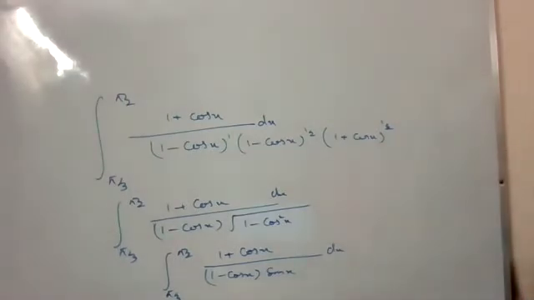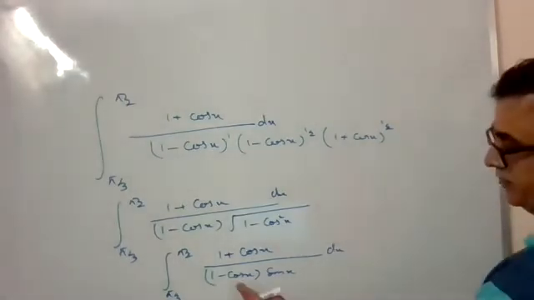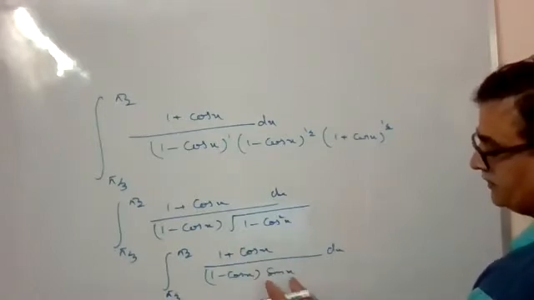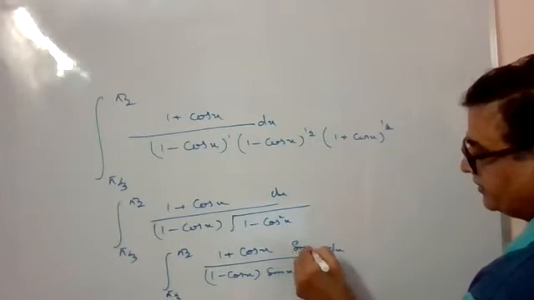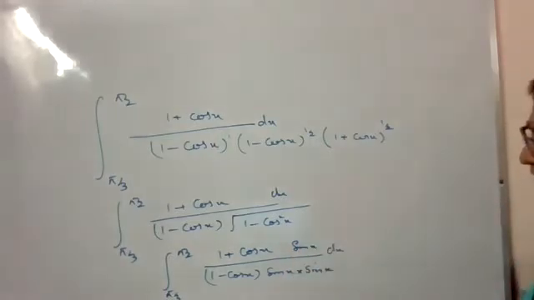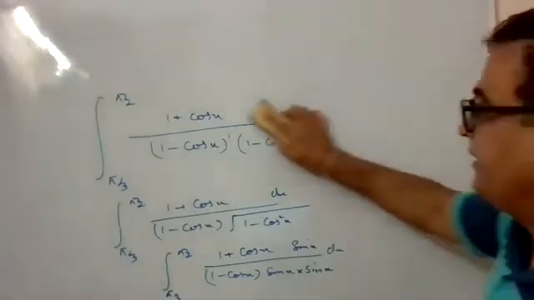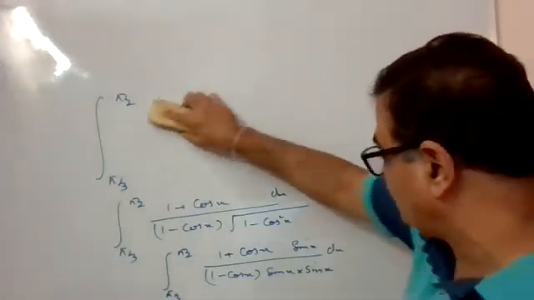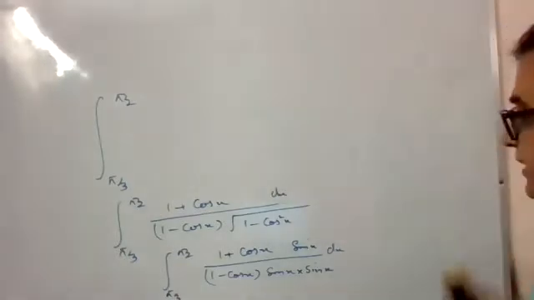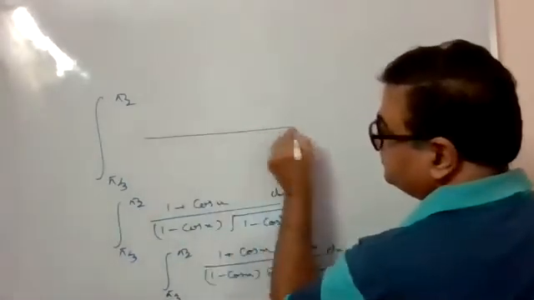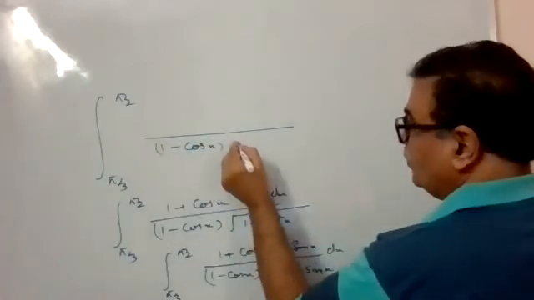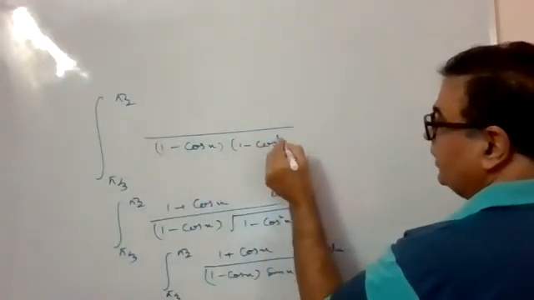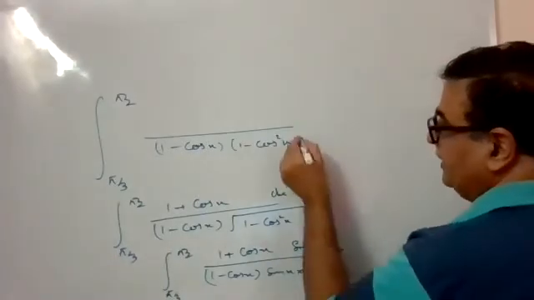Clear? And then what you do here, this is also cos, this is sine. One sine more you multiply here and here. And then this will become sine square x, which you can write as (1 minus cos x) into (1 minus cos square x). (1 minus cos x) into (1 minus cos square x), because sin square x is coming.